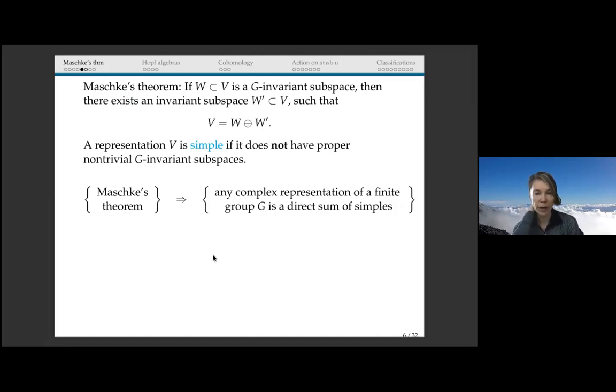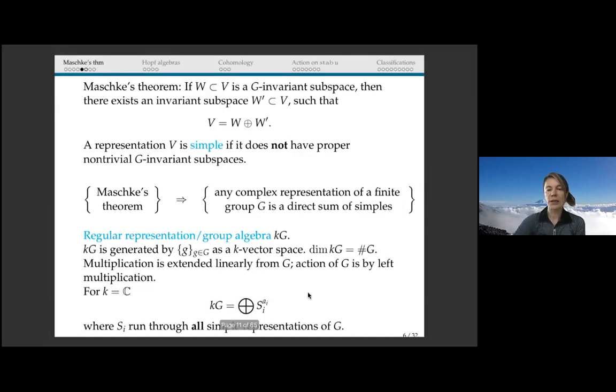You just prove it by induction, sort of peeling off your simple submodules because you can always find an invariant complement. So this basically tells you that if you want to describe all representations of a finite group over the complex numbers, you just have to describe all the simple representations, and then everything else is a direct sum. So describing them up to direct sums, just describing simple representations.